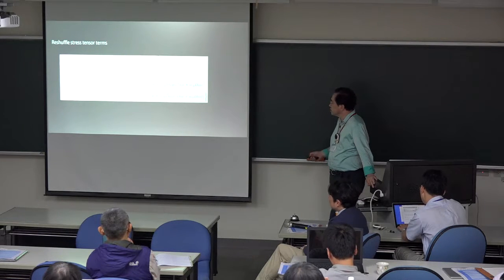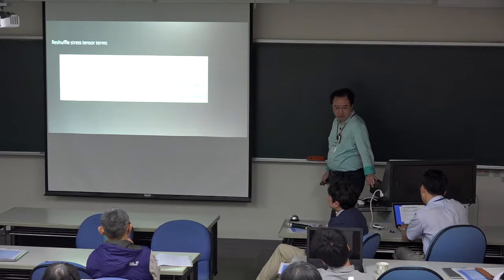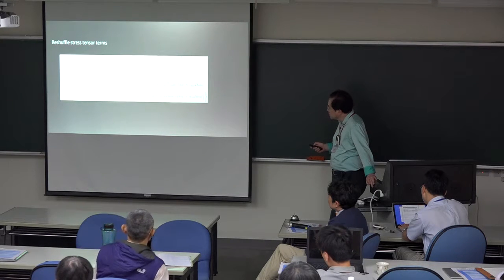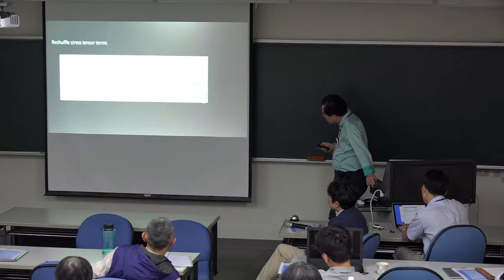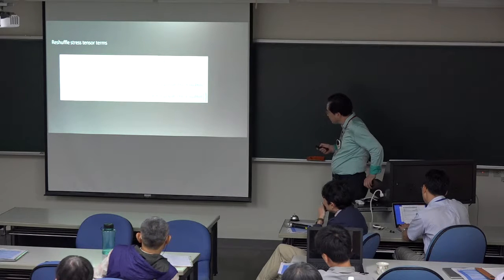The Nielsen-Olesen vortices in the BPS limit don't have any momentum density, so it vanishes. However, if you look at these stress tensor components and reshuffle the terms like this, you can find the alternating sign here everywhere.